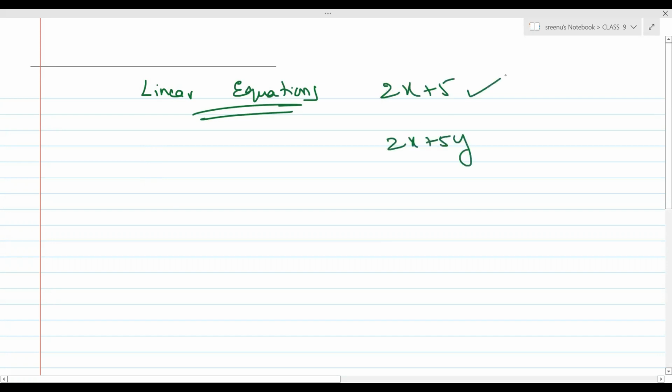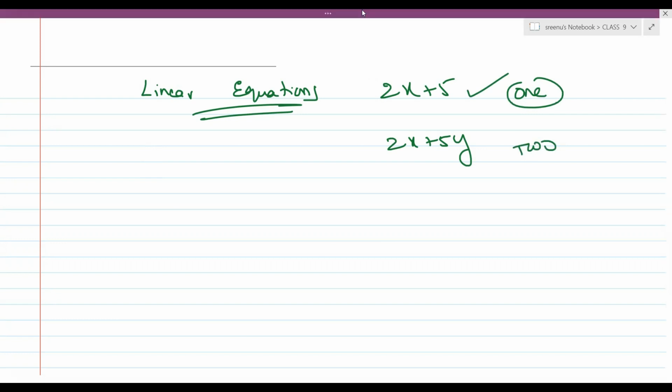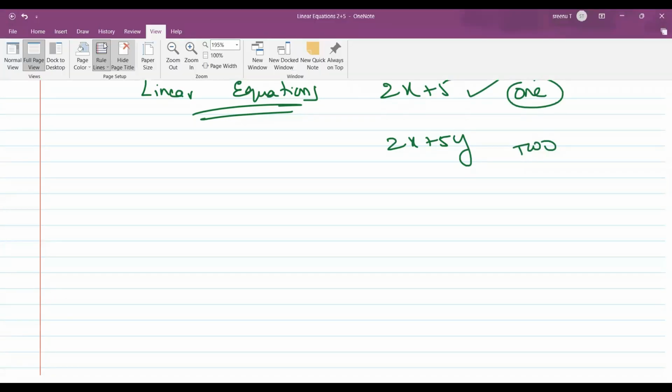So what are linear equations in two variables? First of all, what is meant by a linear equation? I will write an equation here: 2x plus 5, and 2x plus 5y. The first one is a linear equation in one variable. The second one is a linear equation in two variables. That means the degree of the variable is 1.